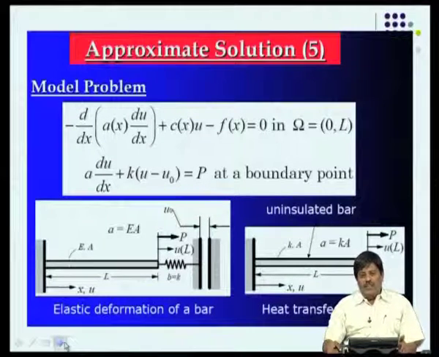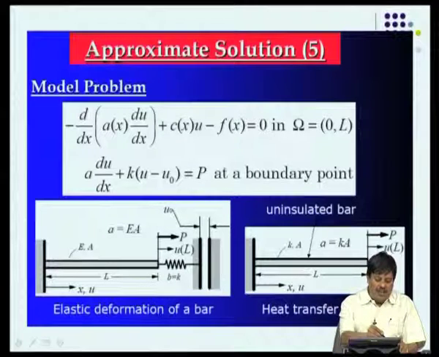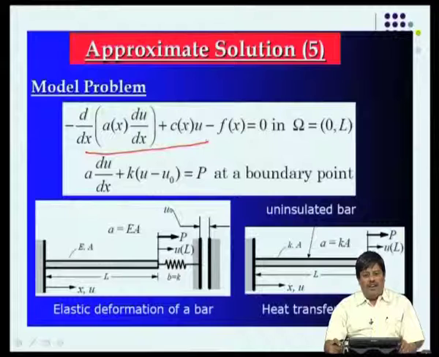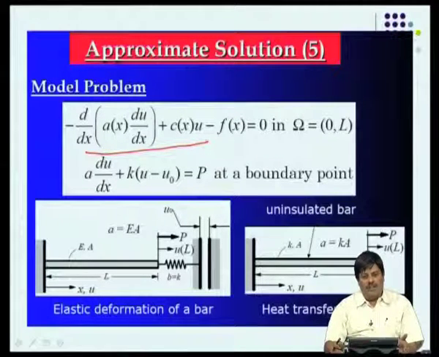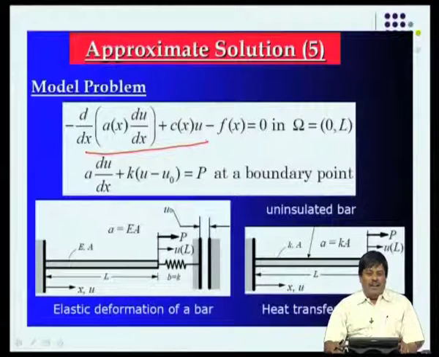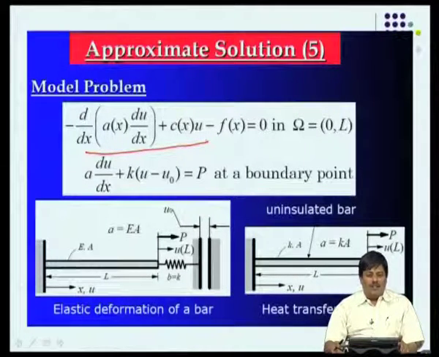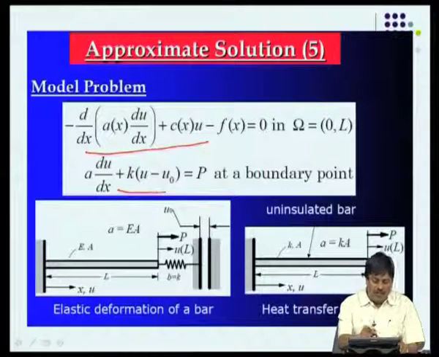Let us take a second order system. The second order system is given by these equations here, which is essentially an ordinary differential equation where a(x) and c(x) are parameters that are spatially dependent, and this is also subject to certain boundary conditions given by this equation.